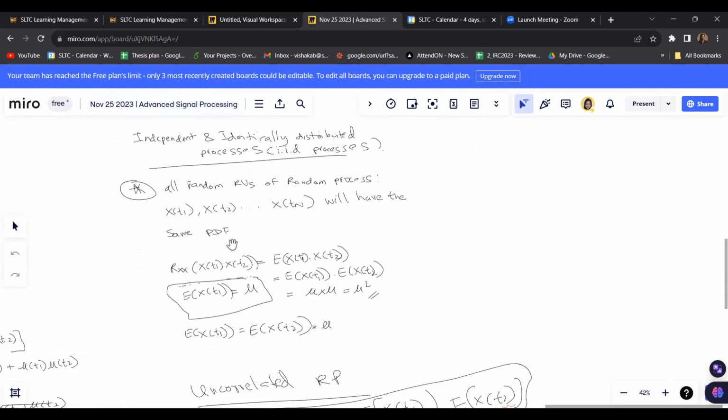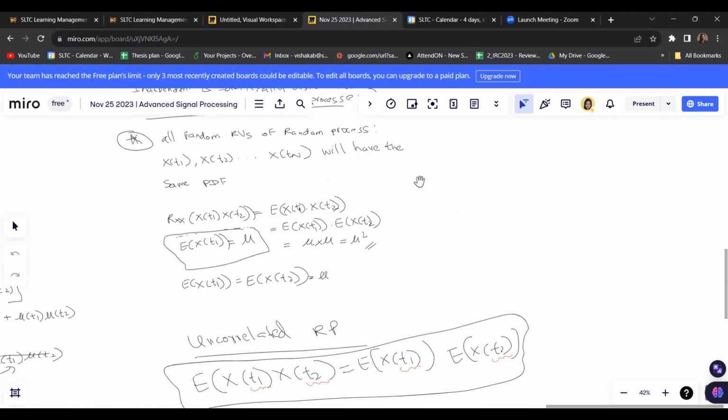So apart from being independent, the additional property is that it has the same PDF at each time instance, which means that the PDFs at xt1 and xt2 are equal. So the expectation of the random variable xt1 is equal to the expectation of the random variable xt2, and that will be a constant, fixed value.